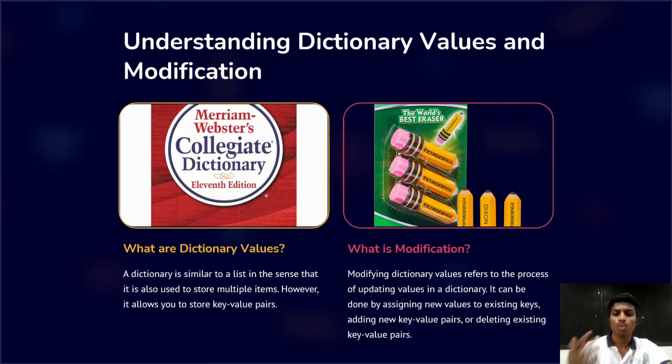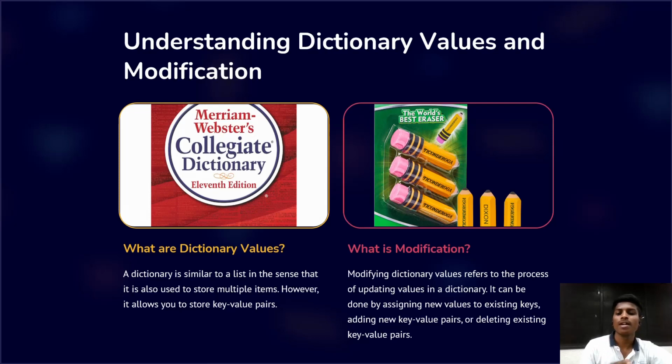Then, second, what is modification? Modifying dictionary values refers to the process of updating values in a dictionary. Modifying a dictionary is nothing but updating, modifying the initial value with the new values in the dictionary.